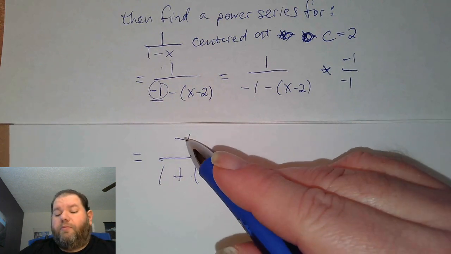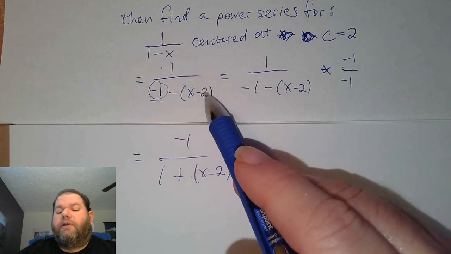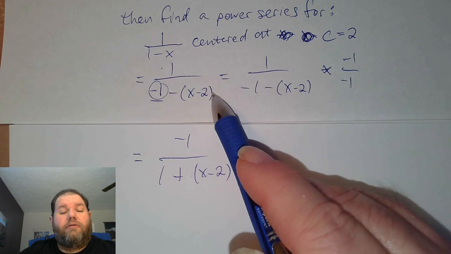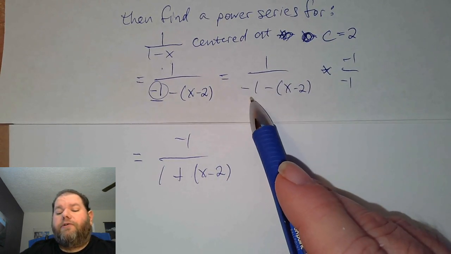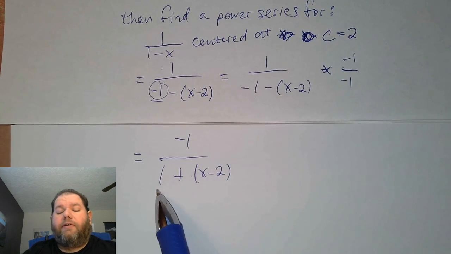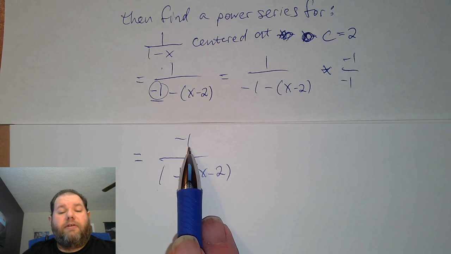Now, you can kind of see the process here. We got the center correct first. Got this to be x minus 2. We got the first term here to be a 1 next. And then once we take care of those, we want to make the numerator a positive 1 also.